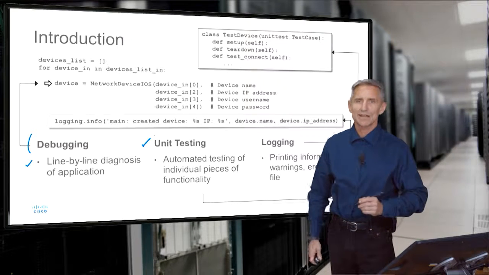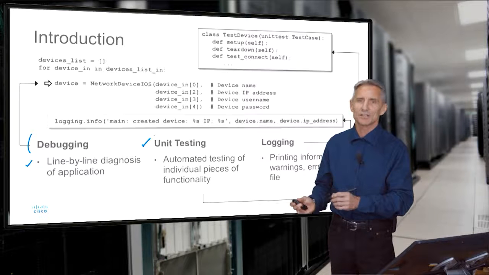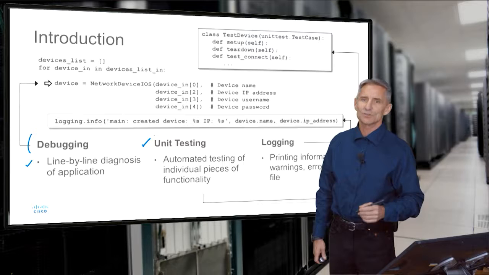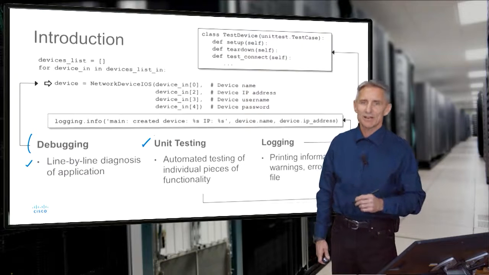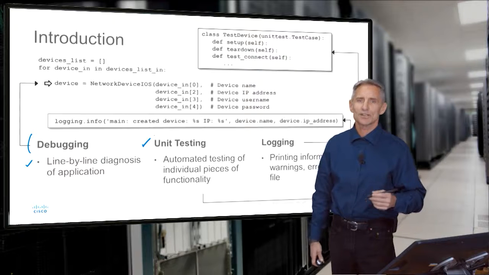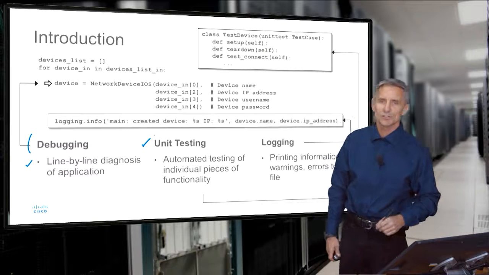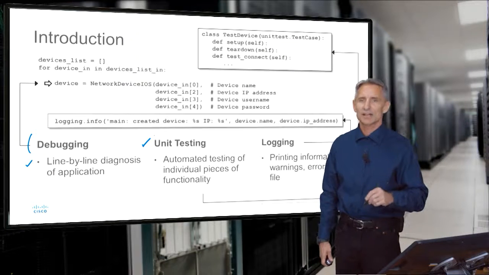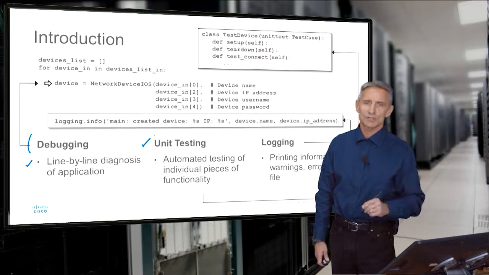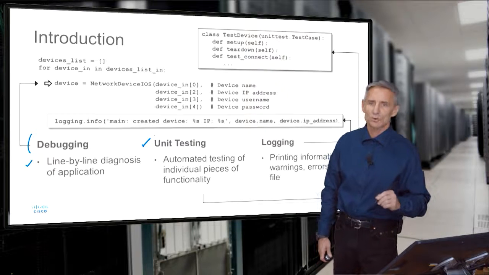So the general idea is if you write a function, you should also write a unit test, at least one unit test that will test the capabilities of that function. In this way, you can be sure that your application and your function is running the way that it should. In fact, just the exercise of writing unit tests will help you to find bugs even before you run the unit test. So this is a very important thing to do.